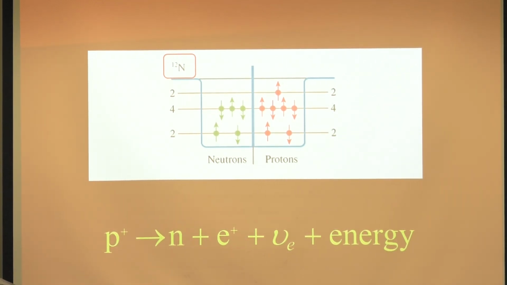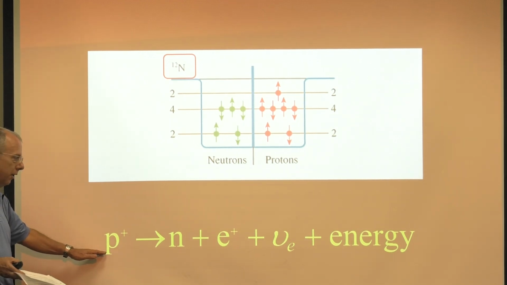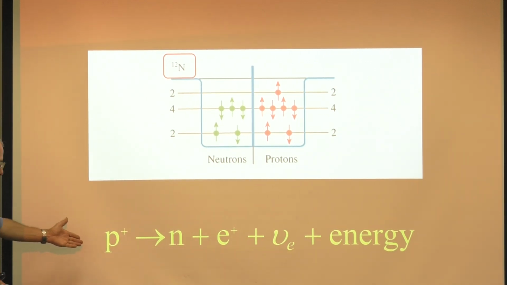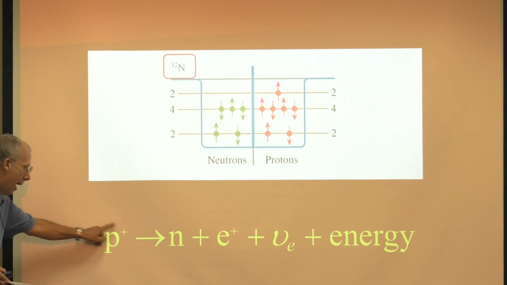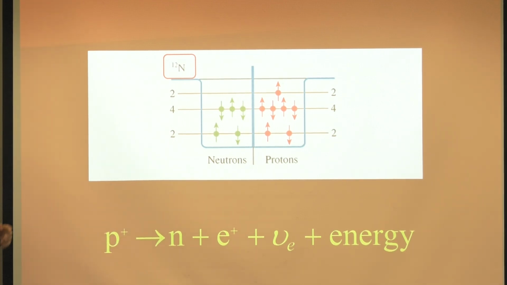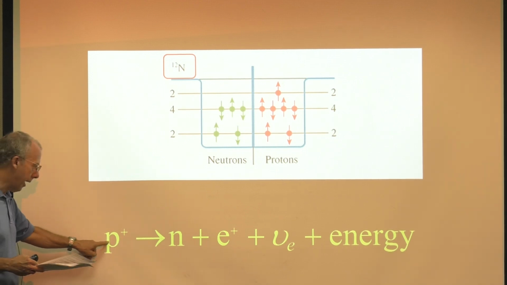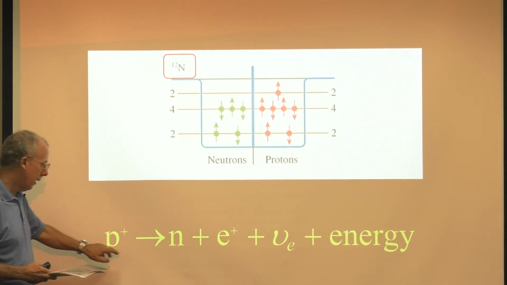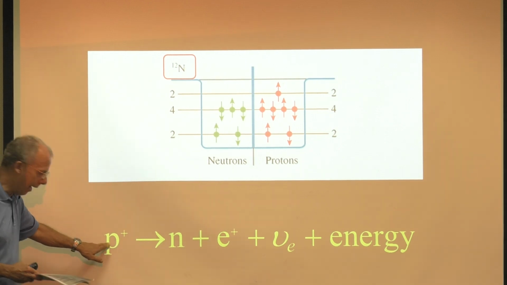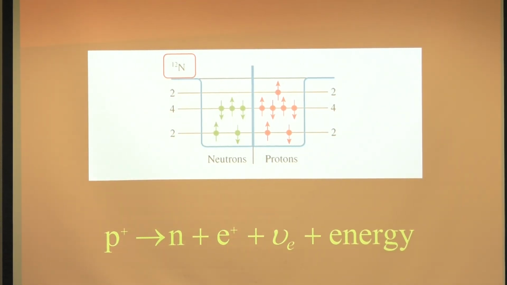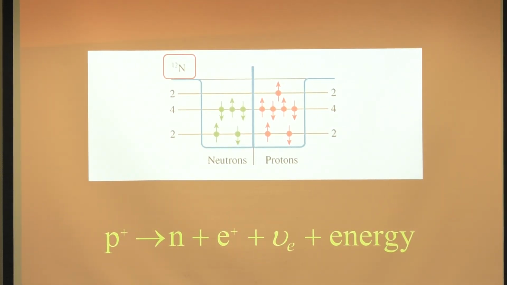If you have the proton just sitting there, this is not going to happen. The only way is if somehow this proton has extra energy. So this proton has to be energetic because this mass is greater than that mass. So it's not spontaneous. All righty, that's a good place to quit.